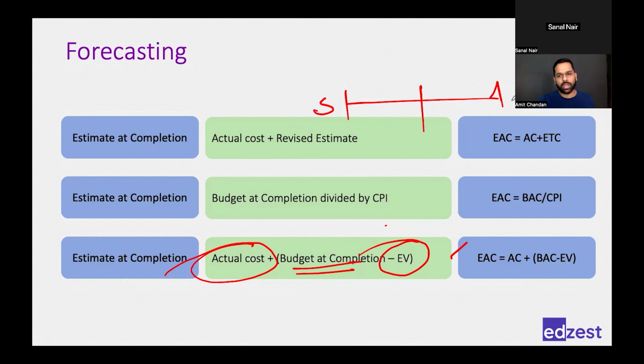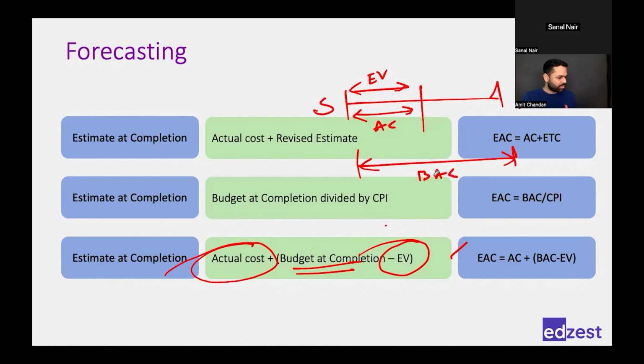This is the start of the project. This is the finish of the project. I am saying that I have already earned something and I have already spent something. I also know my full value, which is my budget at completion, right? So for this length of my timeline, I know this part and I know the full. In order to calculate the remaining part, I will subtract this from the full.